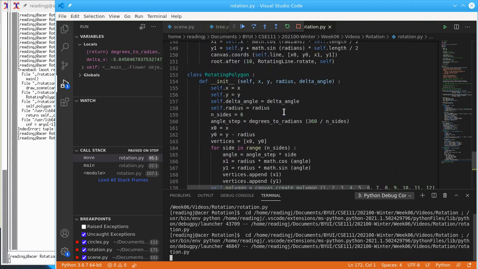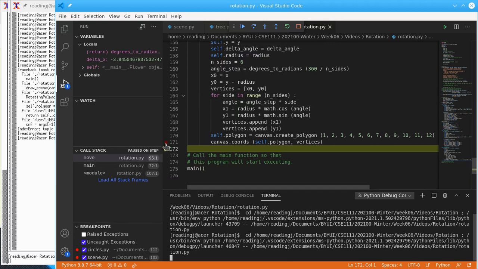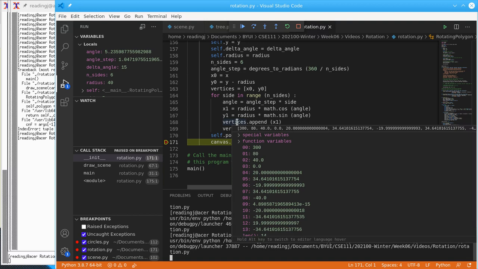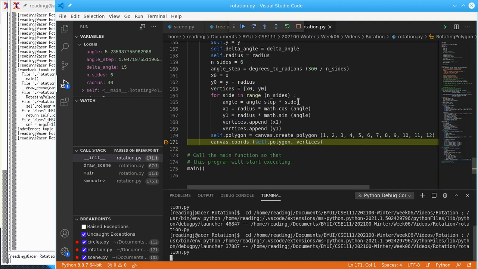Rotating polygon. Yeah, I don't want that breakpoint. Do I? Yeah, actually, that is where I want to break. Okay. Restart. Everything we got to there. Okay, so vertices 380, 40, 0. Oh, that's not at all right.